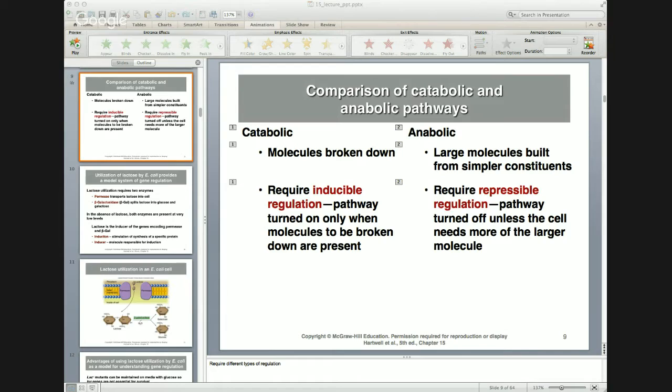The role, I should say, of each of these components, of all the components that I mentioned of the LAC operon, was determined by creating mutations. So in studying this operon, Jacob and Monod induced mutations in each of these sites: in the LAC-A gene, the LAC-Y gene, the LAC-Z gene, the operator site, the promoter site.